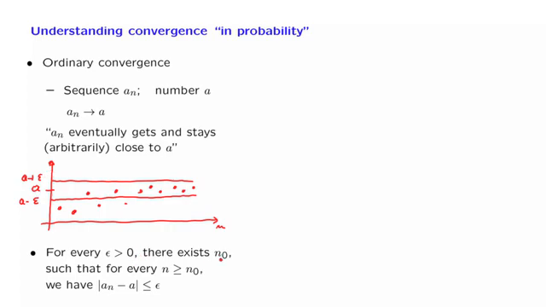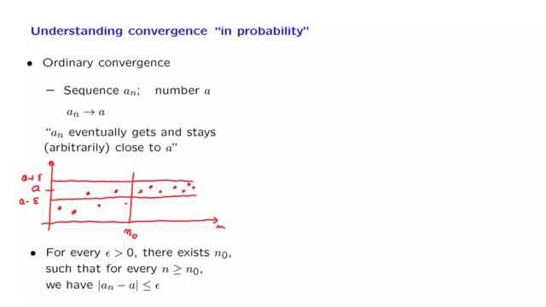What I want is that there exists a certain time, n0. In this picture, n0 would be here, such that for all times after n0, our sequence stays within epsilon from a, that is, our sequence stays inside this band.